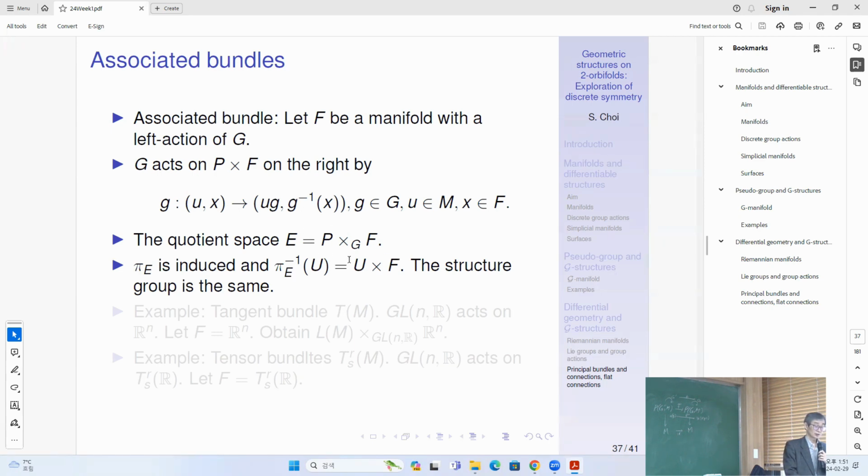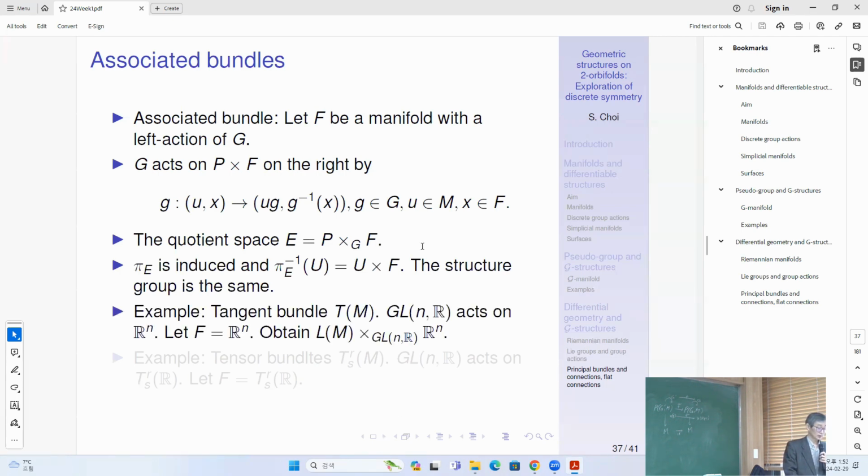So pi E is induced from this E to M. And if U is a trivial element, a trivial covering, then pi E inverse of U is again U times F, which you can identify with U times F. What I mean by equality here is some identification. I'm really giving a very brief version of this.